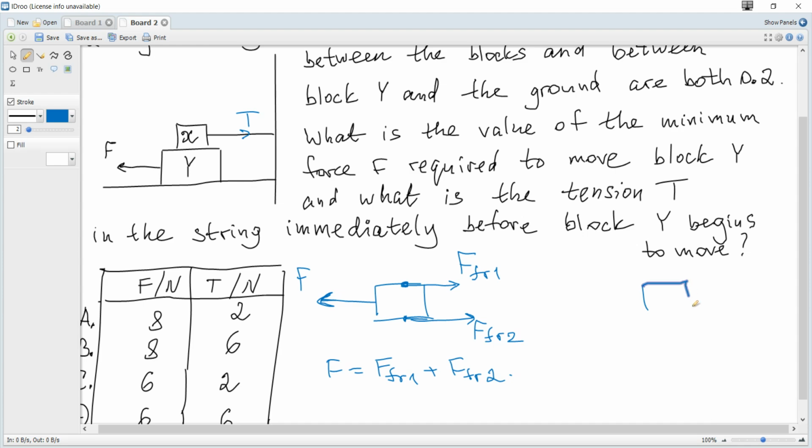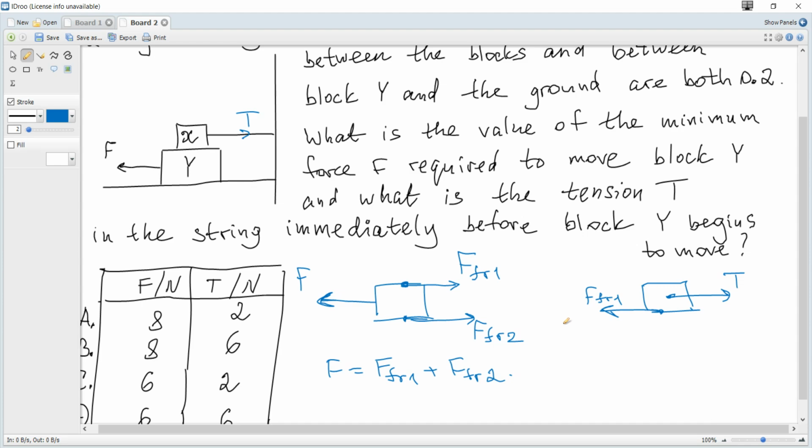And now let's consider X only, and also horizontal components of forces, or in projection on horizontal axis. There is tension to the right, and there is friction between X and Y, applied to X, it will be what? It will be to the left, and it will be of the same magnitude as F frictional 1. Why? Because it's an example of action-reaction pair.